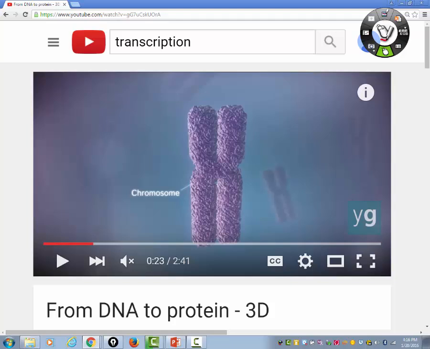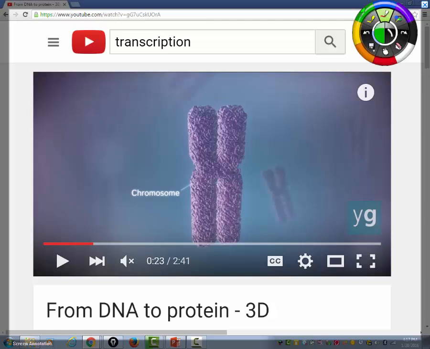So let's talk a little bit about DNA and how it works. First of all, DNA is the biggest molecule you have in your body. It's huge. And it is made up of these organic compounds called nucleic acids. Not amino acids, nucleic acids. And there are basically 4 kinds of nucleic acids. 5, but 4 right now.